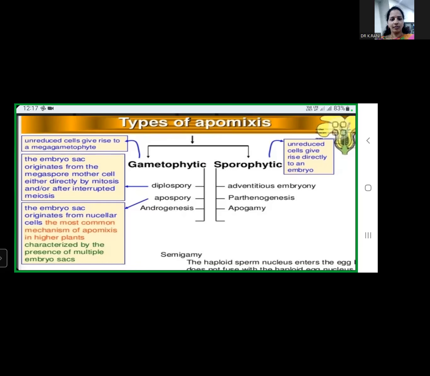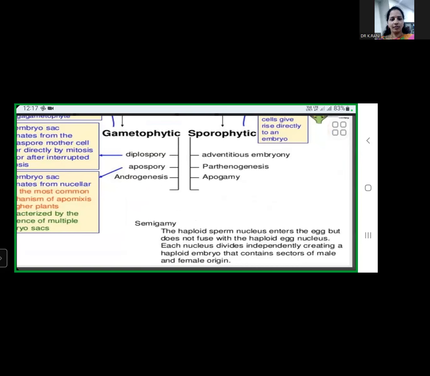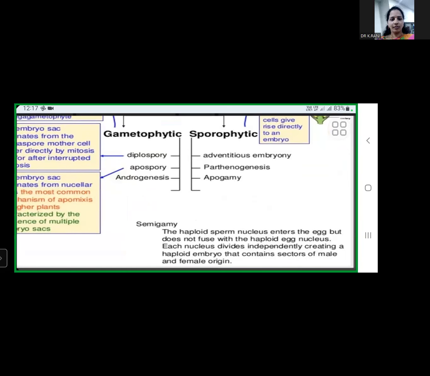In between, there is semigamy, which lies between the gametophytic and sporophytic types. Semigamy means the haploid sperm nucleus enters the egg but does not fuse with the haploid egg nucleus.